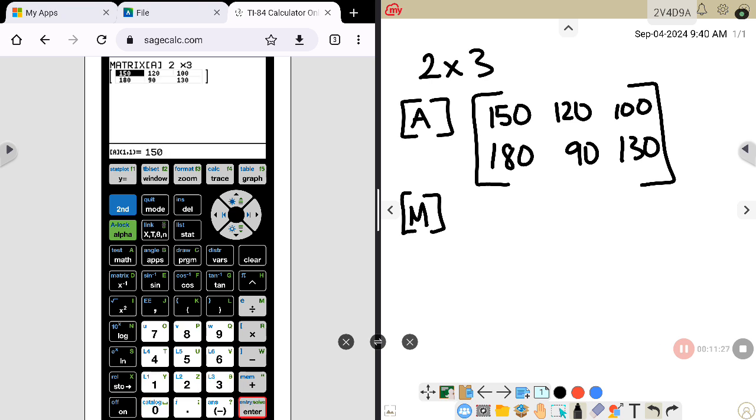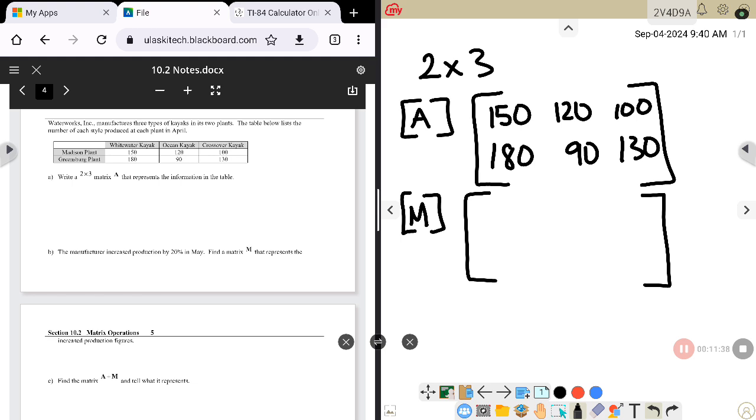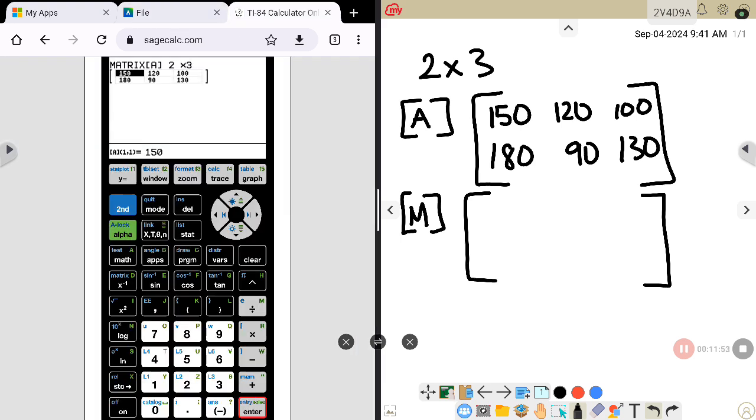So what do I want to know here? I'm coming up with this new matrix M that shows the increased production by 20%. So I want to see what 20% of each of those numbers in the first matrix are. So I want to multiply this matrix by 0.2 for 20%.